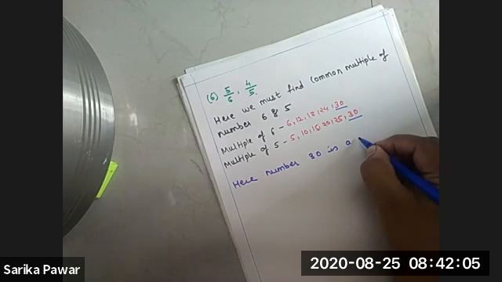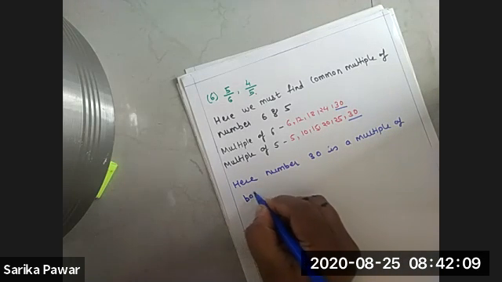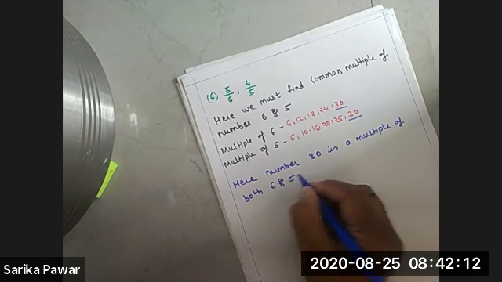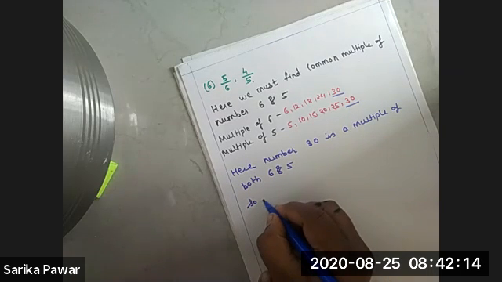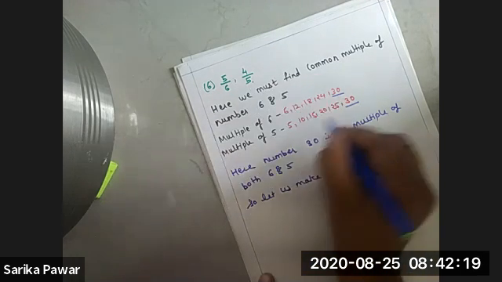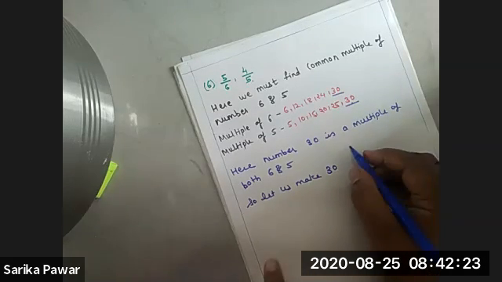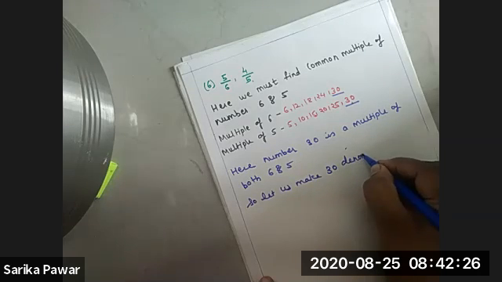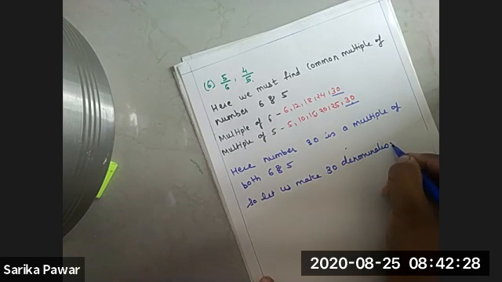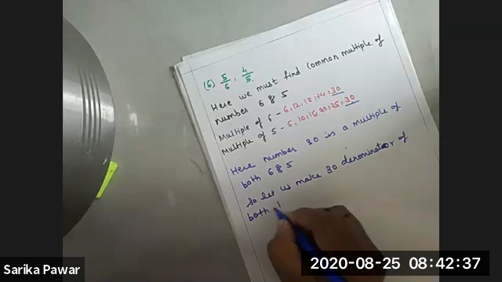Number 30 is a multiple of both, both means 6 and 5. So let us make 30 the denominator of both the fractions.